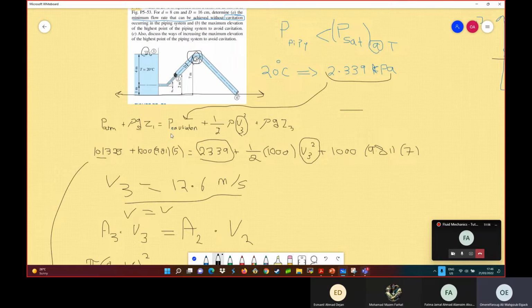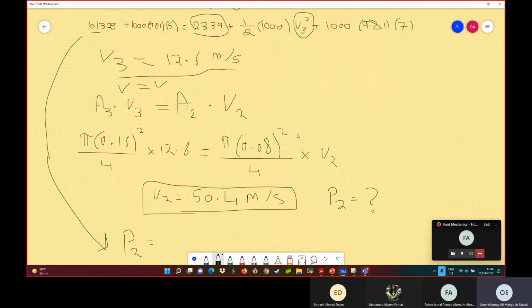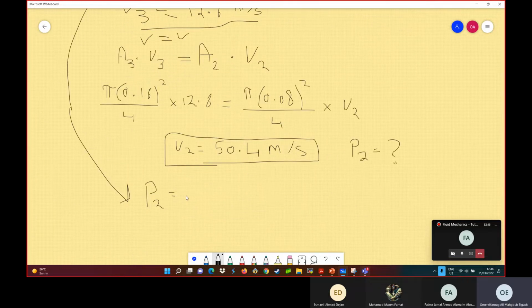Because at 0.2 the elevation is 2, not 7. So you need to be careful. Plus, multiplied by 2. So this is the result. I obtained a negative value of the pressure, 113.325.